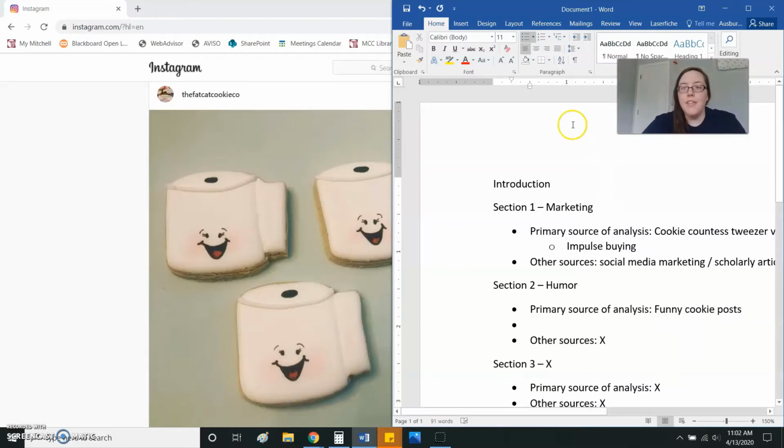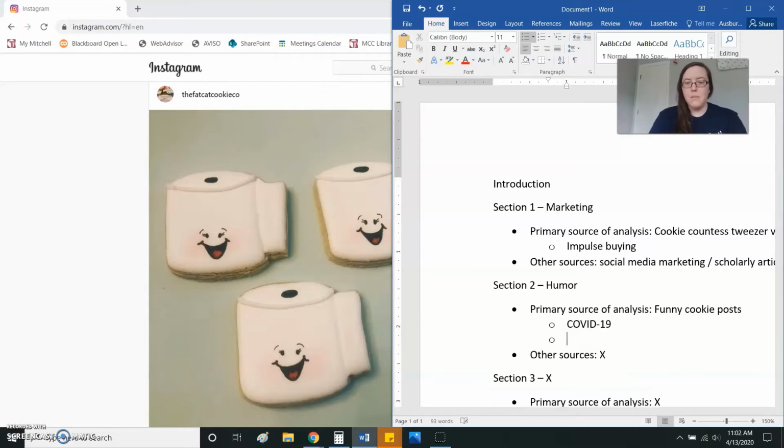And I think that I would go in two directions with this. First, I would go to the concept of COVID-19, how people are just buying everything, especially toilet paper. And then I would probably also take a look at the Tiger King cookies that a lot of people are making.